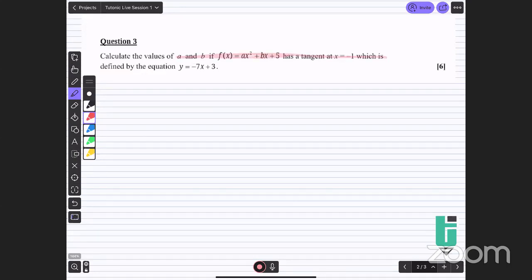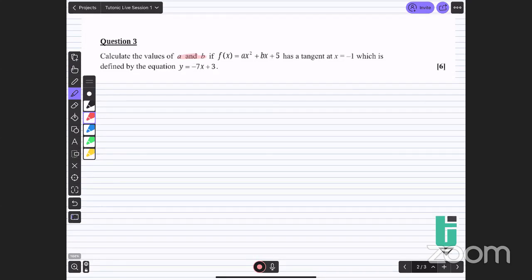Because they want A and B, what did we say the rule is, guys? They want two variables, you need to create two equations, right, Naima? I think Naima said it earlier on. So you need two equations. So what can we do?